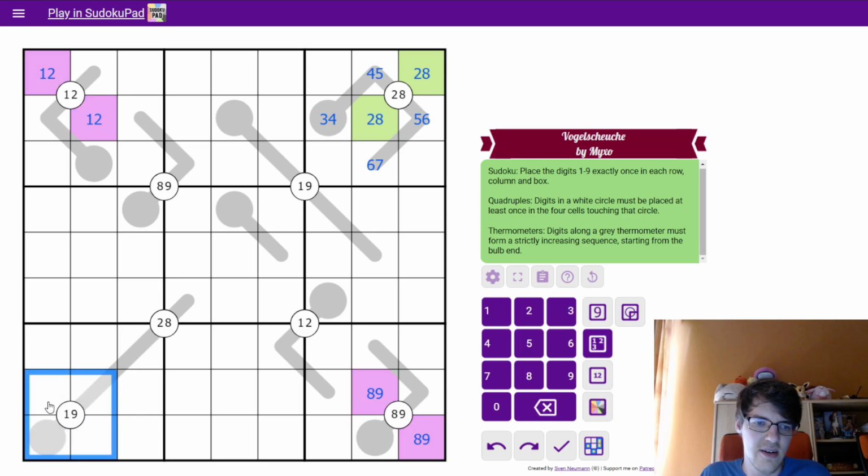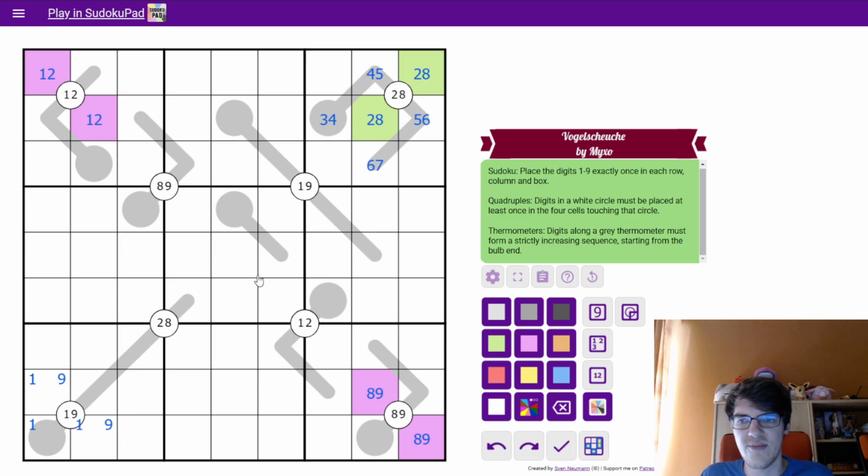Now down here we also have to place a 9. 9 cannot go along a thermometer unless at the tip. So 9 is in one of these squares. But the 1 cannot go here because this digit would have to be smaller than 1. So 1 is in one of those 3 squares.